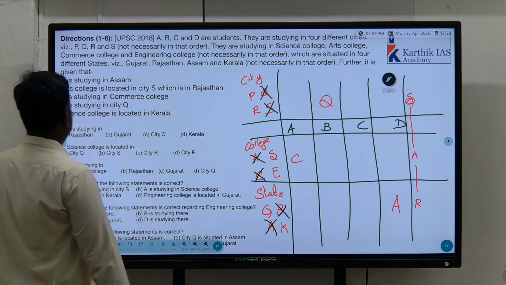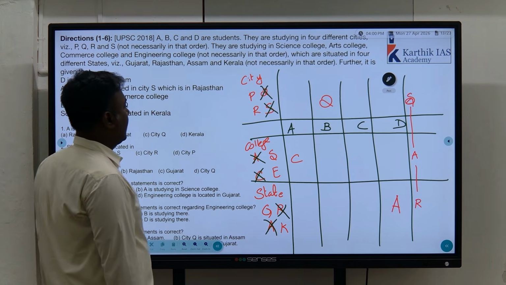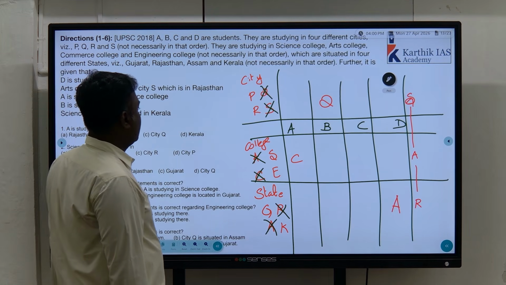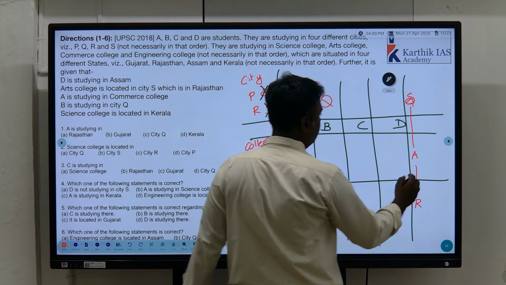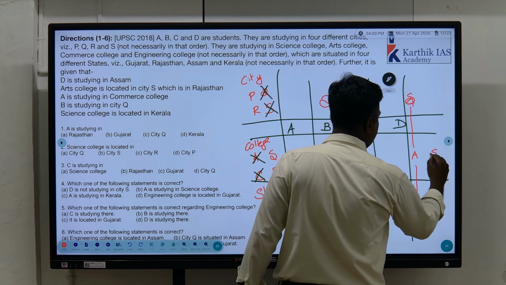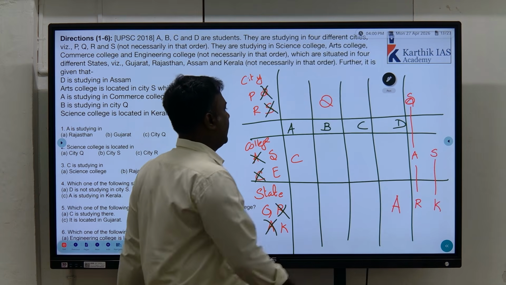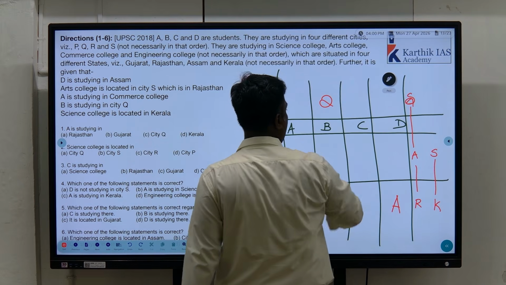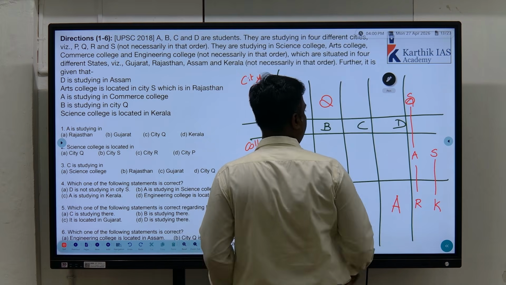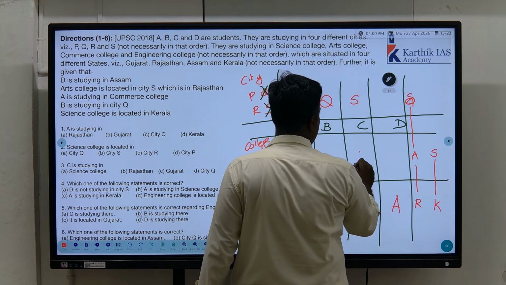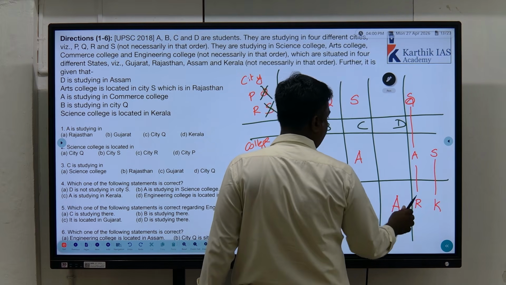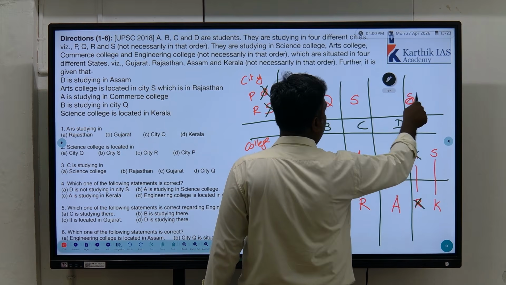Okay. Science College is located in Kerala. So S is located in Kerala. Now see this S, A, R, where can I put it? Here I can't put. Only here I can put. So once I use this clue, I'm cancelling this.